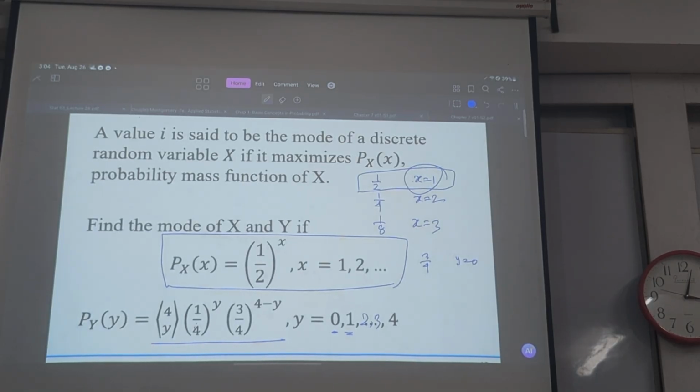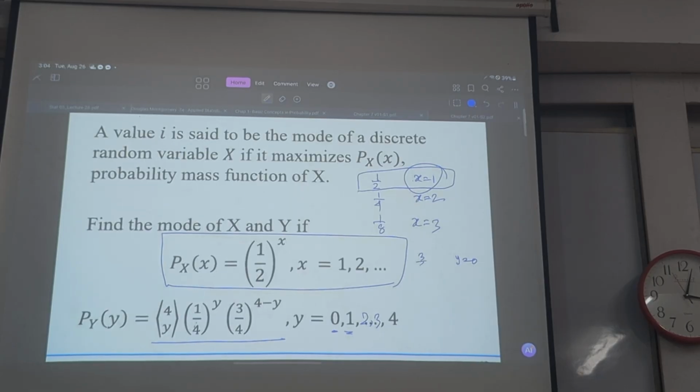This will be what? 3 by 4 to the power 4. So it will be 81 divided by 256.